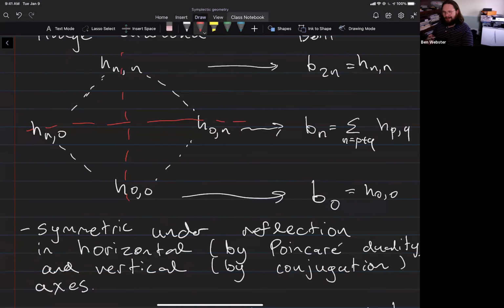That's a little bit of a lie. What Poincaré duality actually lets me do is a 180-degree rotation, but combining that with a vertical reflection, I get a horizontal reflection. So it's symmetric under both of these reflections. It's not symmetric under a 90-degree rotation. Should emphasize that.